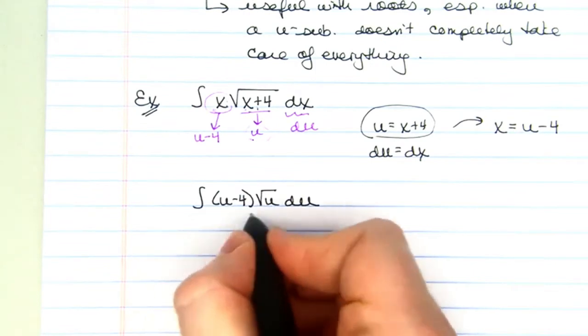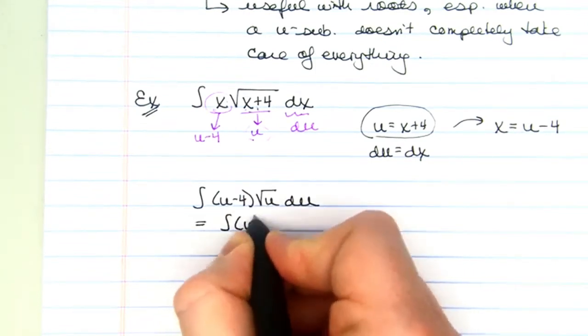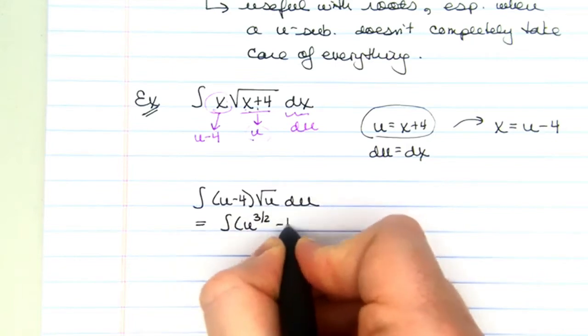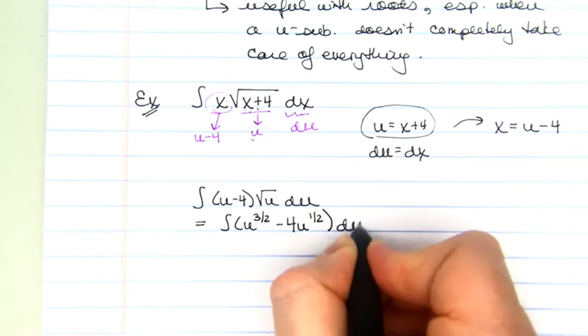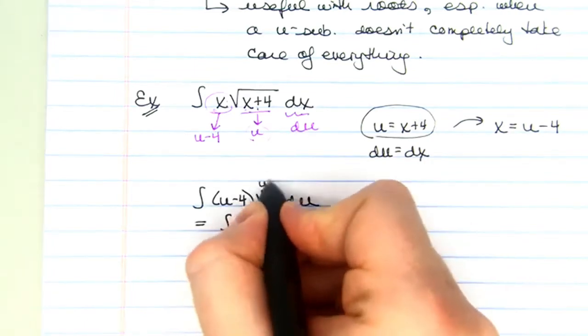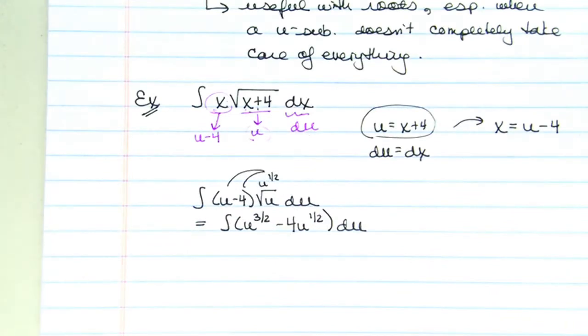I can distribute the u to the 1/2, and I can make this the integral of u to the 3/2 minus 4 u to the 1/2 du. I'm just distributing a u to the 1/2 to both of those pieces. I think you can probably finish this up. Go do your integration, and when you're done, replace the u with the x's we had in the original problem.